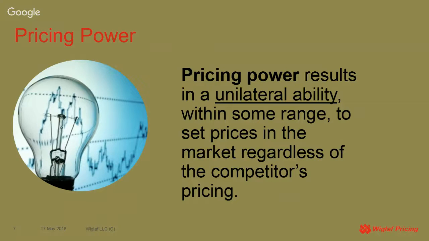But the pricing power actually results in something underlying those differential benefits, that differential pricing ability. That is an actual change in the value proposition. So it's a slightly different question.